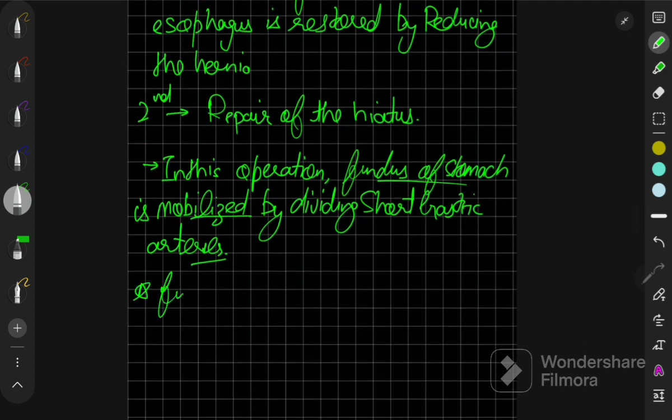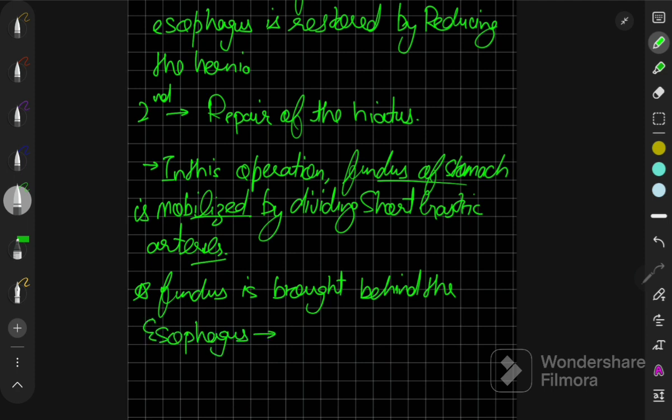Then fundus is brought behind the esophagus and wrapped in front of esophagus.